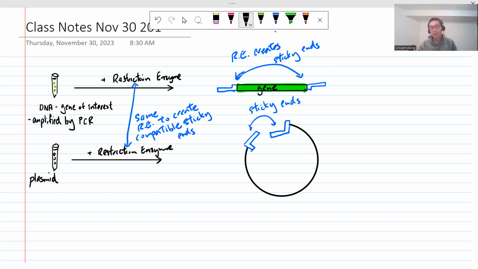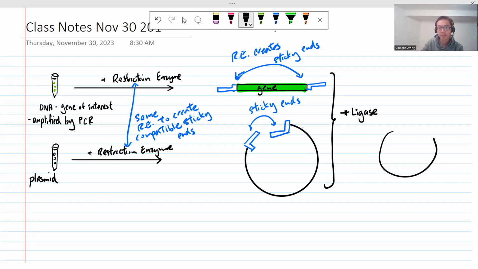And then you're going to mix these two things together, right? And you're going to add a little bit of ligase. Plus ligase. Then you're going to end up having the plasmid with the gene of interest in it.